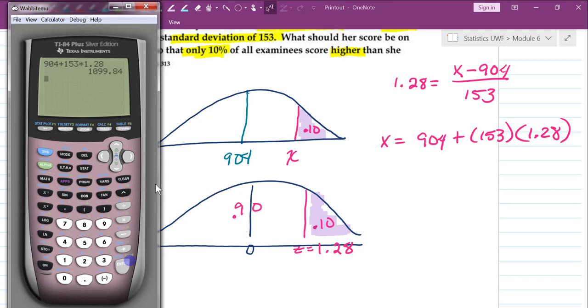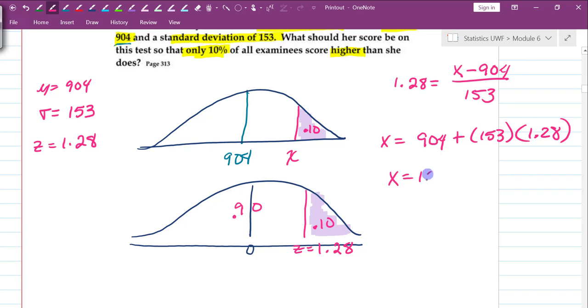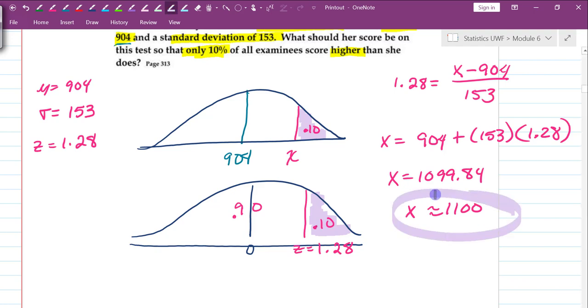So x is going to equal 1099.84, or I would say x is going to be approximately 1100. Alrighty, so there you go. That is that problem. So x right here will equal 1100.